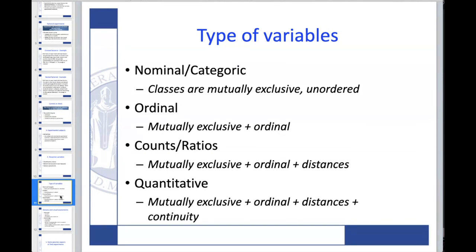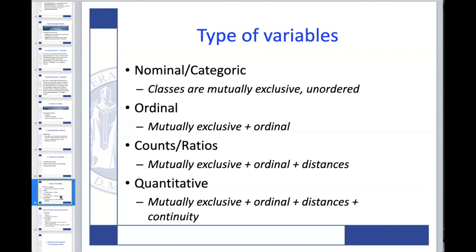So depending on what type of assessment we do, we can have different types of response variables. And it's important to be able to recognize them, because depending on the type of variable, we select the method of data analysis. We can have nominal or categoric variables. In this case, we have classes, and we have only one trait, one characteristic of these classes.